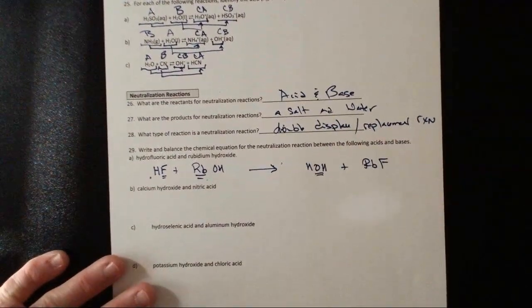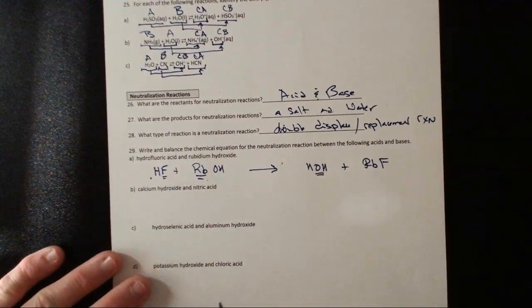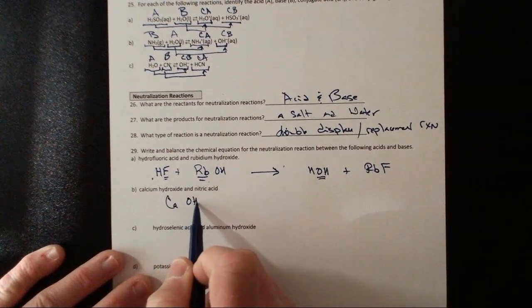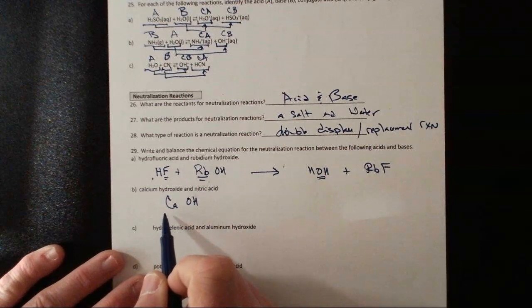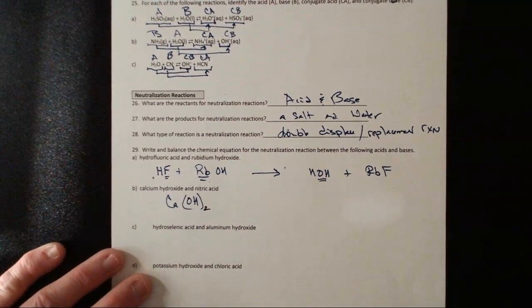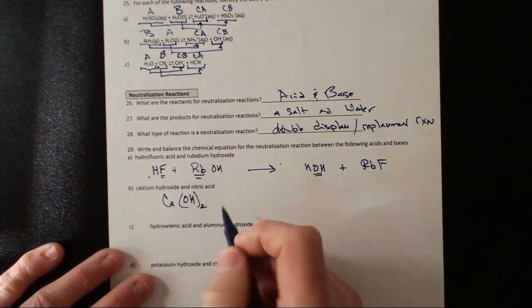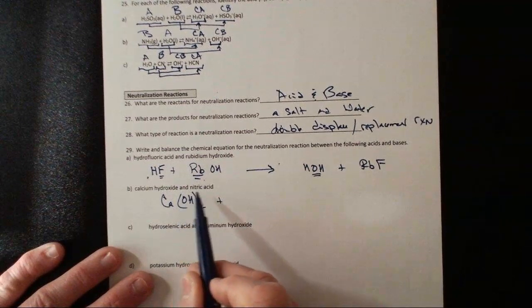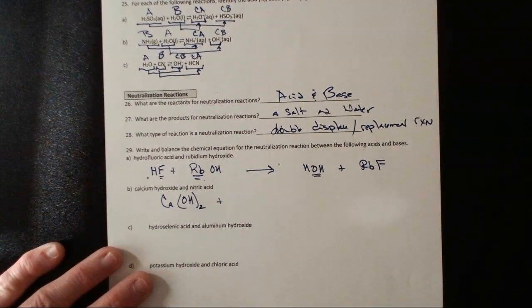All right, calcium hydroxide and nitric acid. So, calcium hydroxide, well, calcium has a +2, hydroxide has a -1, so we have to make that formula this way, plus nitric acid. Well, nitric acid, since I don't have hydro in front, is an oxyacid.